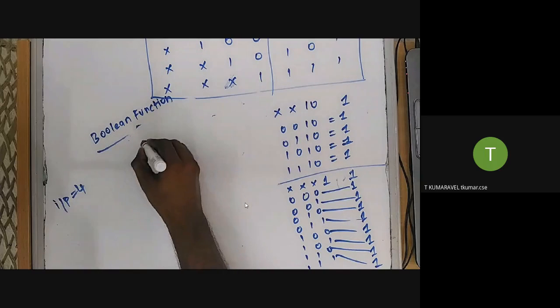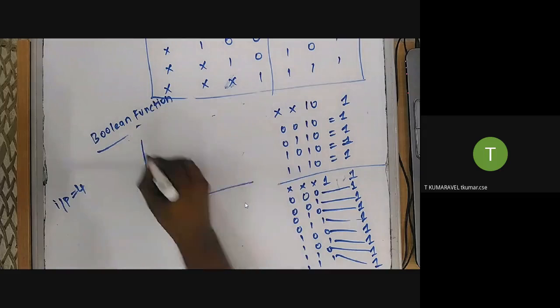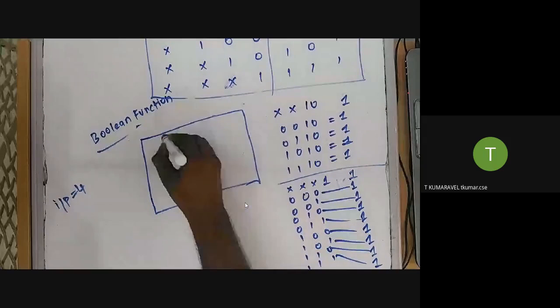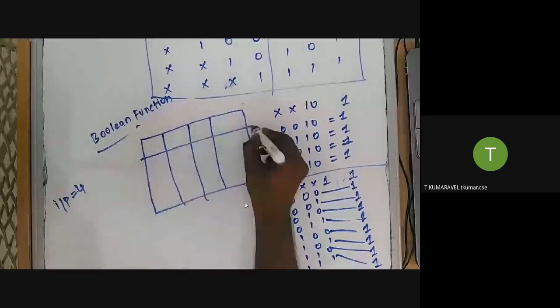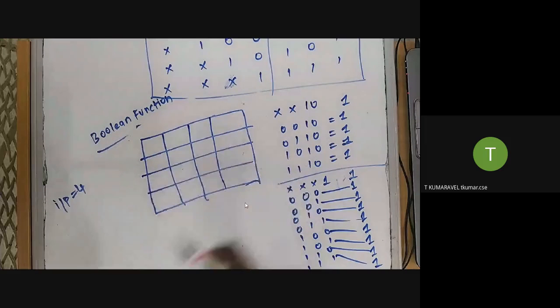Suppose my variable is 4 bits. You take a 4-bit Karnaugh map. If you consider the 4-bit Karnaugh map, how many cells are available? 16 cells are available.